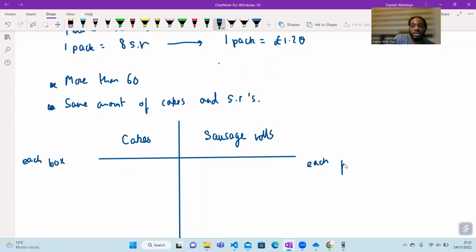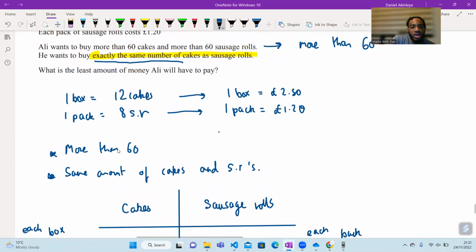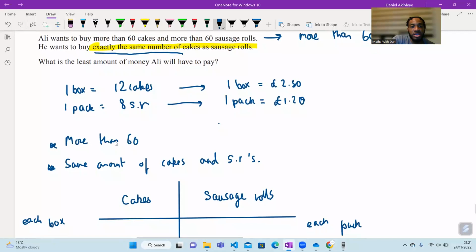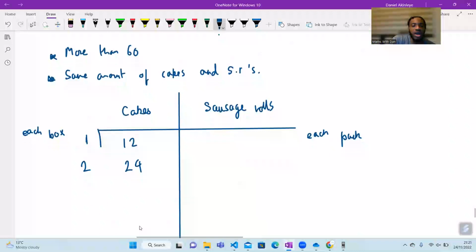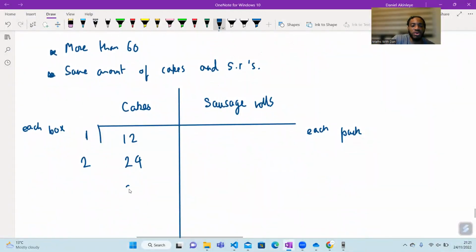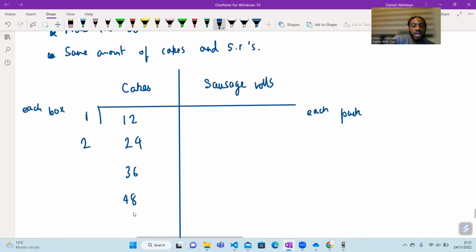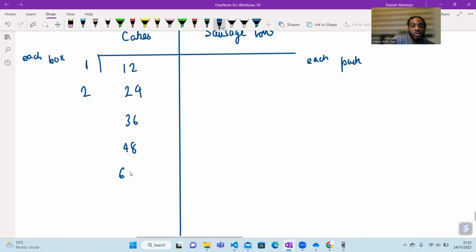Well, we know that in one box, for the cakes, is 12, so I'll put 12 here. And how about in 2 boxes? It'll be 24. Remember, we're just going to add 12. And then 3 boxes will be 36. Add 12 again, 48, and then add 12 again, 60, and so on and so forth.